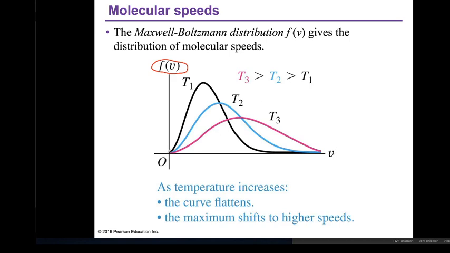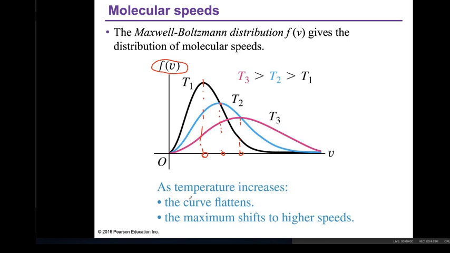So the frequency is very high for molecules at temperature T1 at this velocity. And when the temperature is getting higher, here is the most probable velocity. It has a very high frequency at this velocity. And when the temperature is even higher, the most probable velocity is getting even higher.